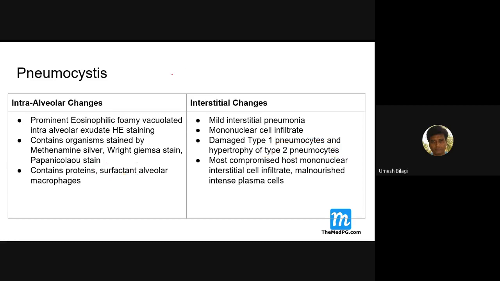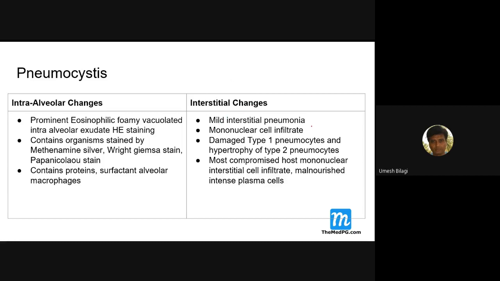What is the purpose of surfactant? It prevents the collapse of the alveoli. It reduces the surface tension in the wall so that alveoli are kept open. That is the purpose of surfactant.